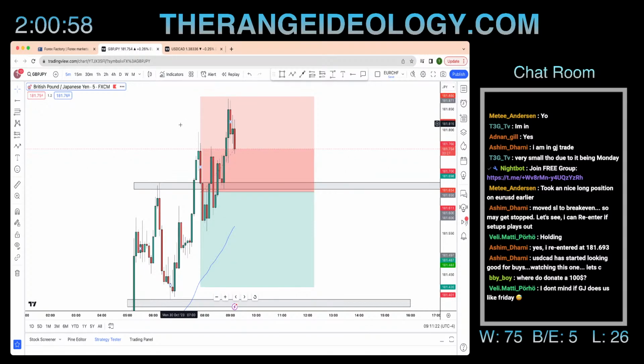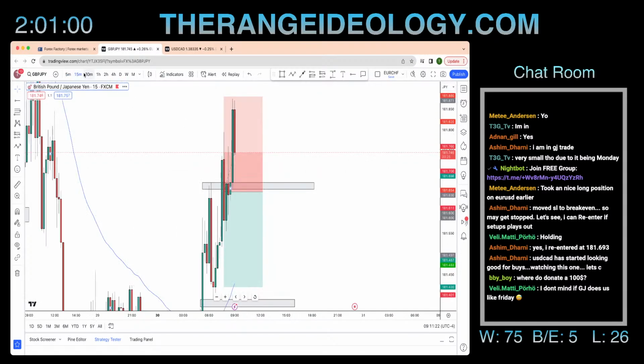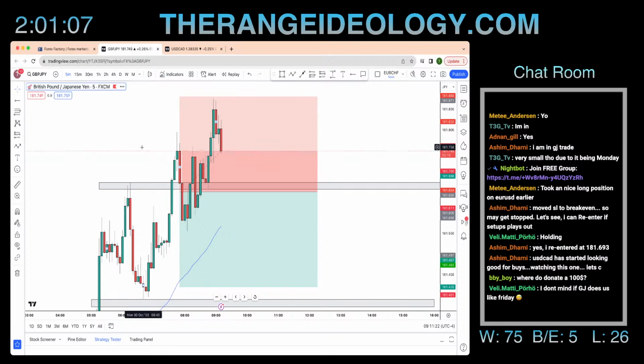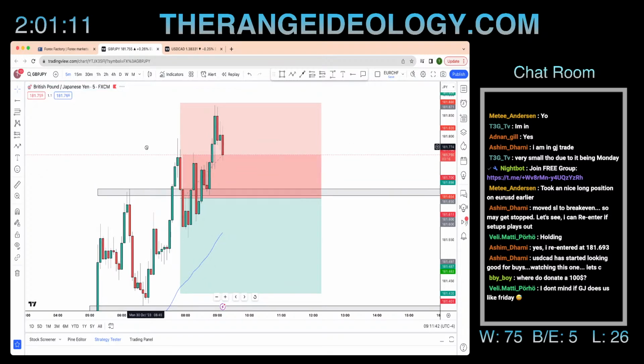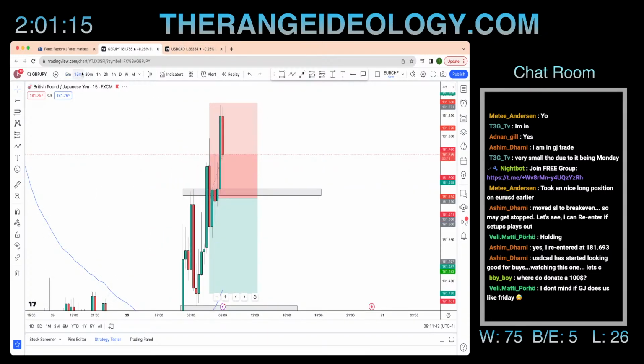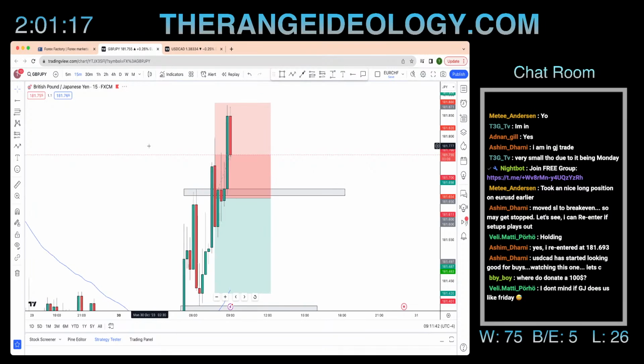Although I'm not doubting any manipulation here, and the way it just continues to flip both ways. GJ does, or has been doing, the last 2.5 weeks. That's still around, right? But let's see.